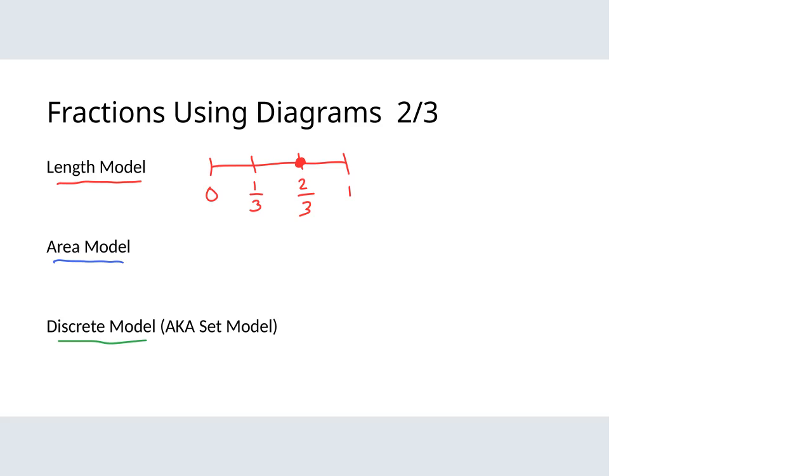Area model. This one's going to be really, really useful for us. This is probably the one where most of our focus will go when we talk about fraction models. Basically, I'm going to make some shape, typically either a circle or a rectangle, and I'm going to chop it up and shade it to represent the fraction that I've been given. Here that's 2/3.